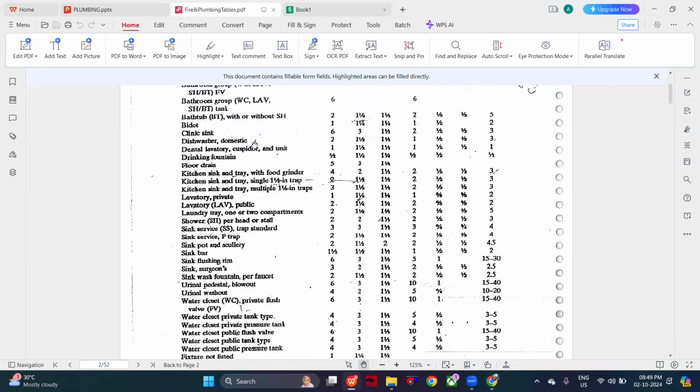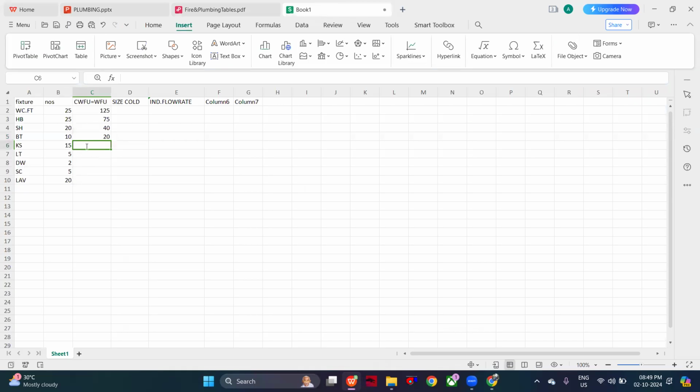Kitchen sink with the grinder is 2. 2 into 15, 30. That means each kitchen sink has a water fixture unit of 2. Because what I am doing is finding the total flow rate for that building, I have to find out all the water fixtures, wherever they are present.